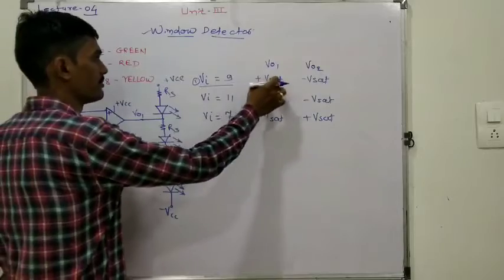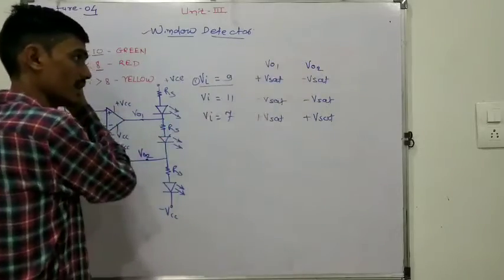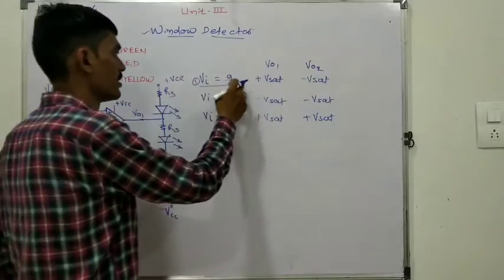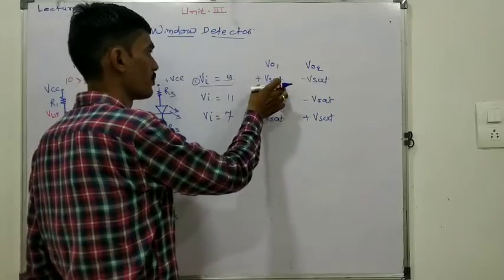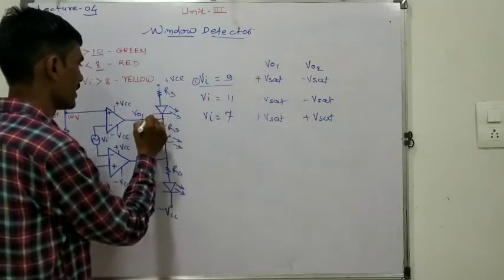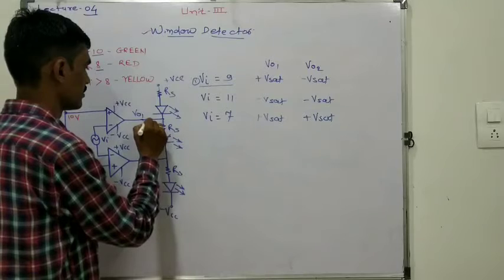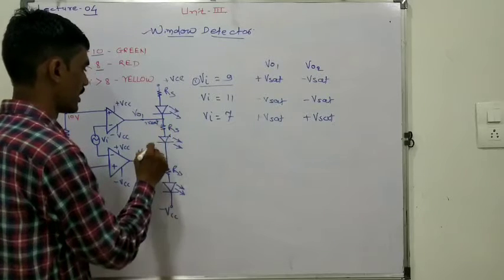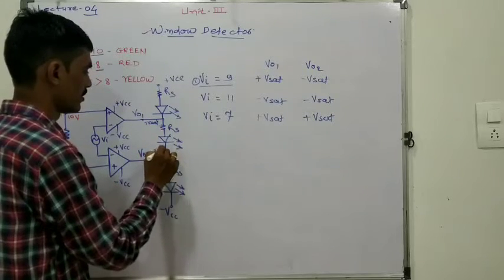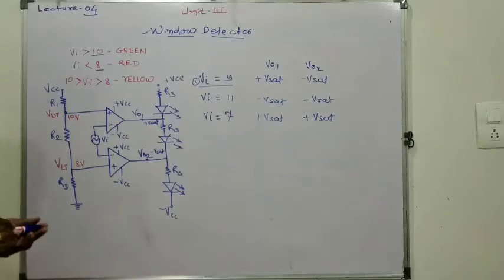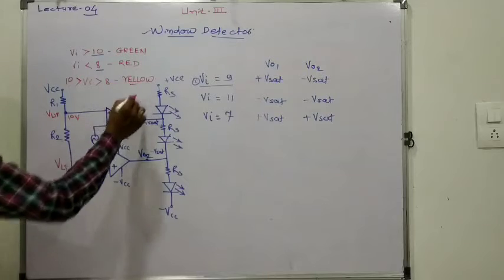So let us take the first condition. If VI is 9 volt, means in between. So here I am getting plus Vsat, and here I am getting minus Vsat. Let us take this condition. We have to glow the yellow LED.